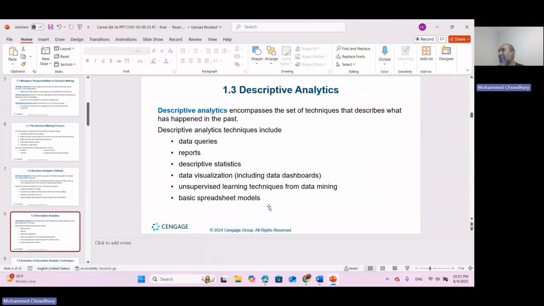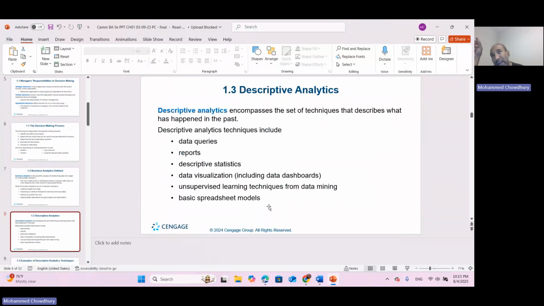Data queries means in a server, data is in there. I use some SQL query, SQL code to extract the data, to import the data. After getting the data, I prepare some report like summary statistics table, frequency table, descriptive statistics, data visualizations, unsupervised learning and basic spreadsheet model.